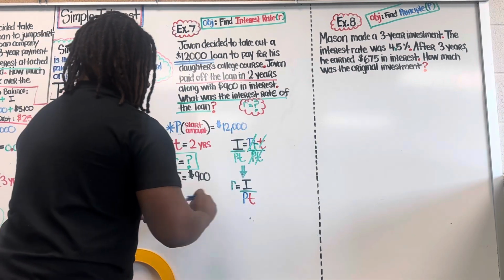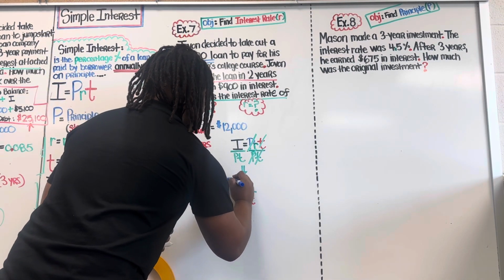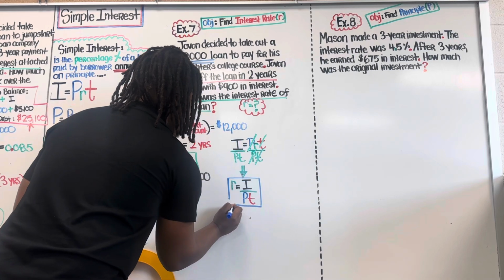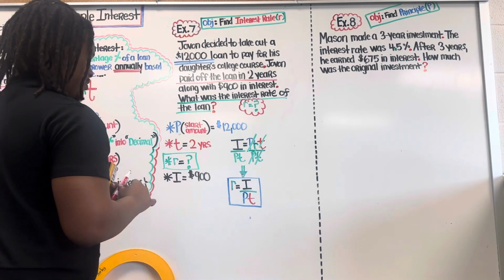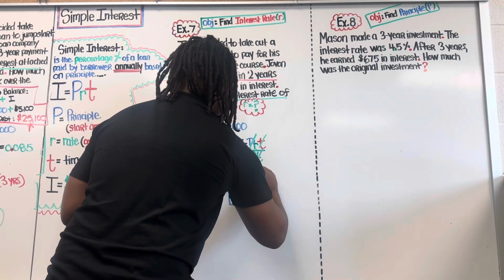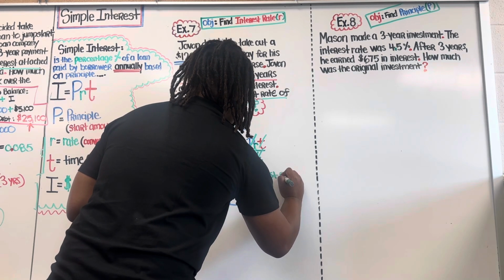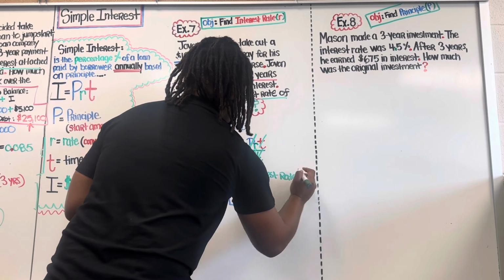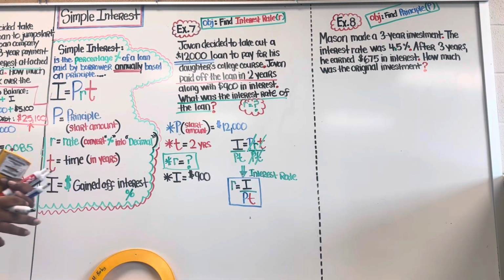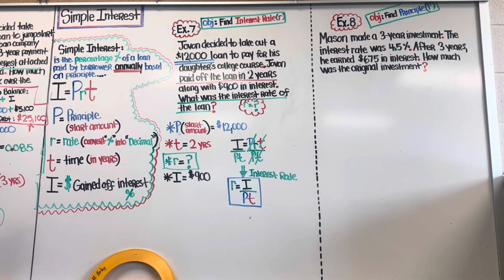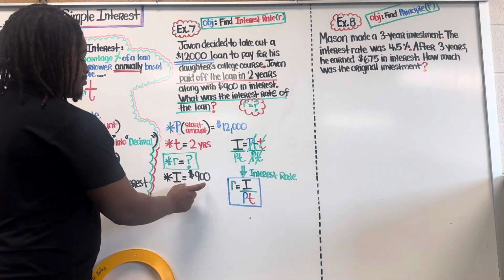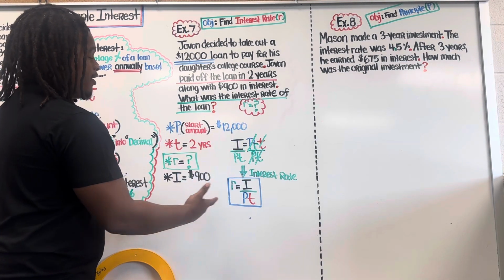Boom. This right here is the formula we're going to use in order for us to find out the interest rate. Okay, we have successfully converted the formula to where we're finding the interest rate versus the interest or equity gain. So now, simple. All we have to do is just plug in these values that we have where they go.